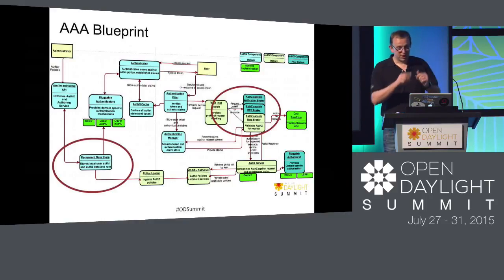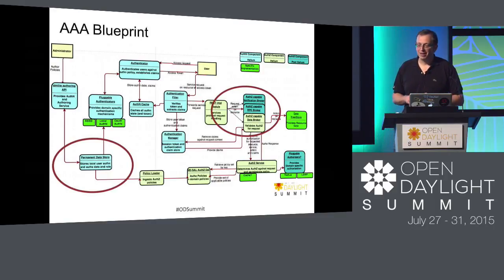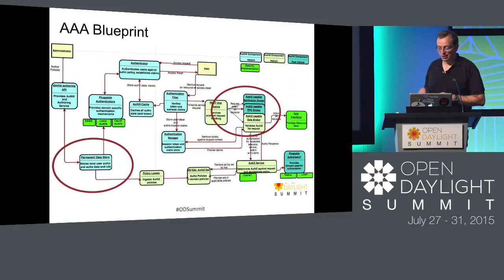Now, Brian here will be doing a little demo with Shiro later on, perhaps, if we have time. Shiro is basically an open source framework for AAA, and we have considered it at various stages, even while drawing up this blueprint.